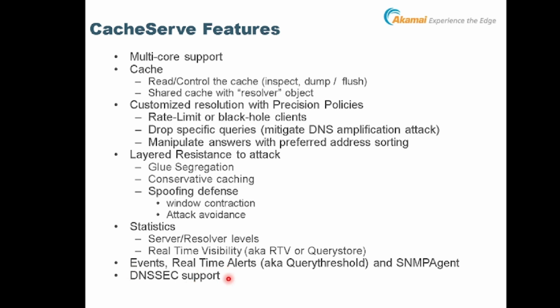Remember I talked about signing zones yesterday when we looked at AuthServe. DNSSEC is trivial to enable in AuthServe. There are basically two configurations, one that makes CacheServe DNSSEC aware, and then a second that actually causes it to do DNSSEC validation.